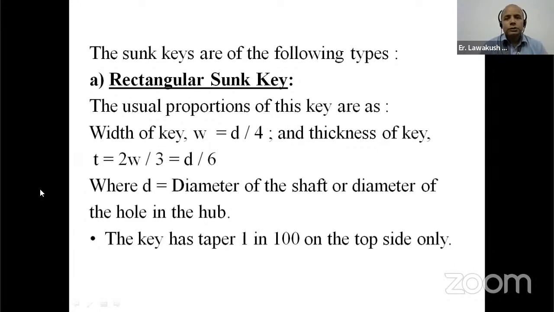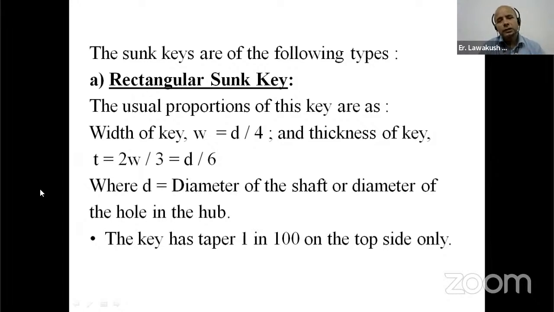The usual proportions of this key are as follows. First of all, the width of the key, which is denoted by small w, is equal to d by 4, and the thickness of the key, which is denoted by t, is equal to 2 into w by 3.